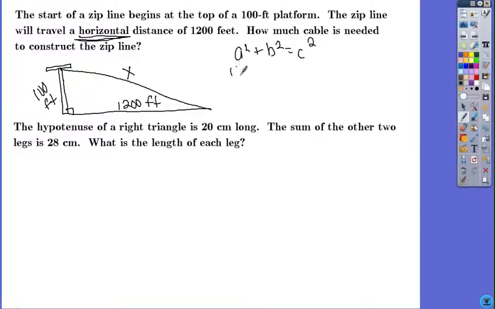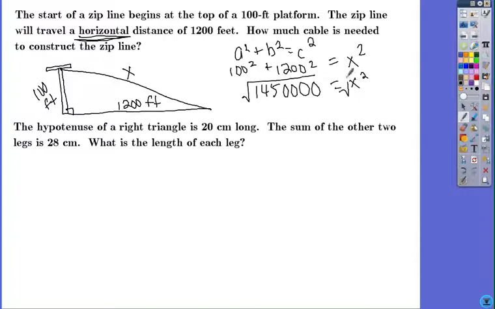Let's use 100 as a squared. Let's use 1,200 as b squared. And that's going to give me c squared. In this case, I've labeled it x. So 100 squared plus 1,200 squared, if I combine those, I'm going to end up with 1,450,000 is x squared, and your calculator will do this for you.